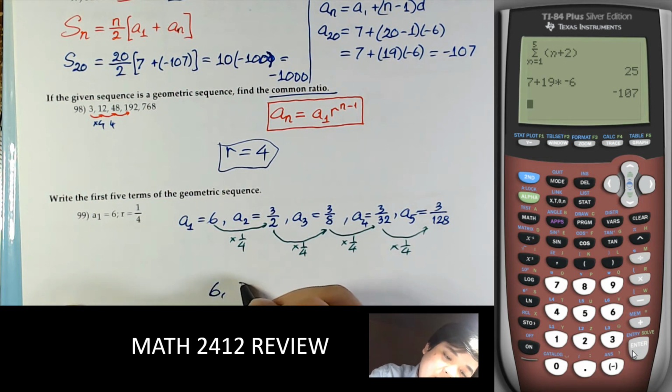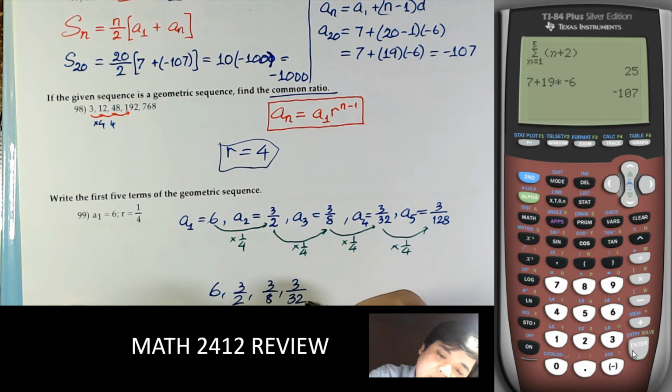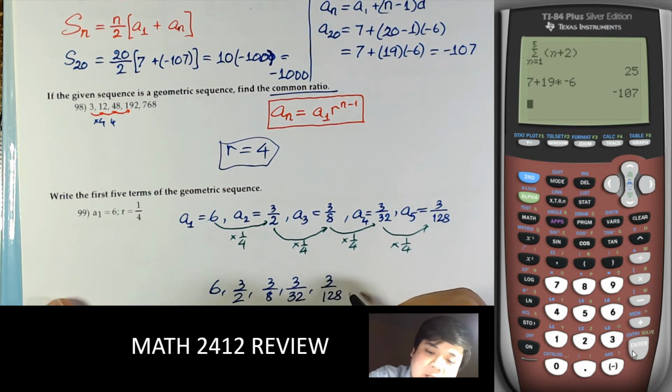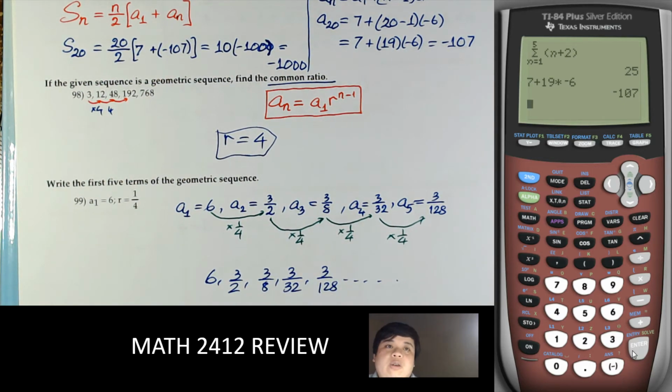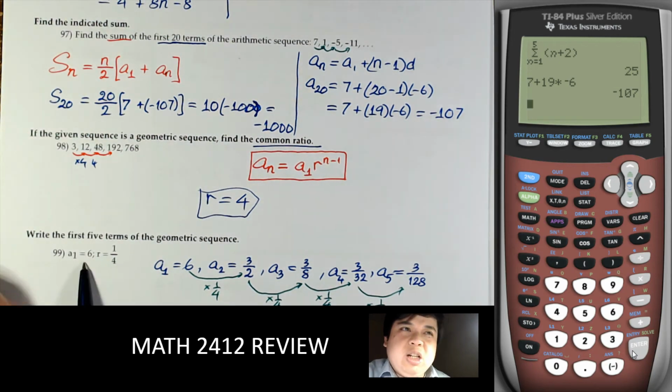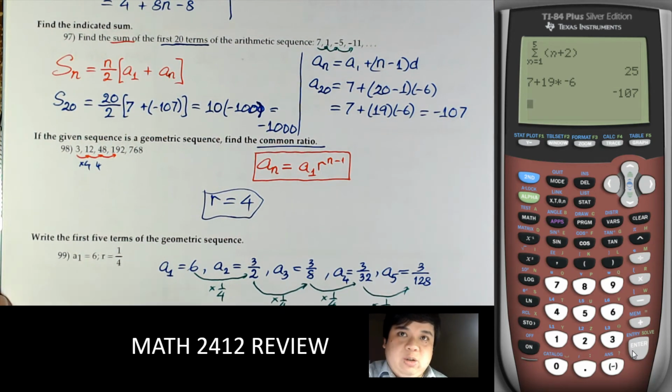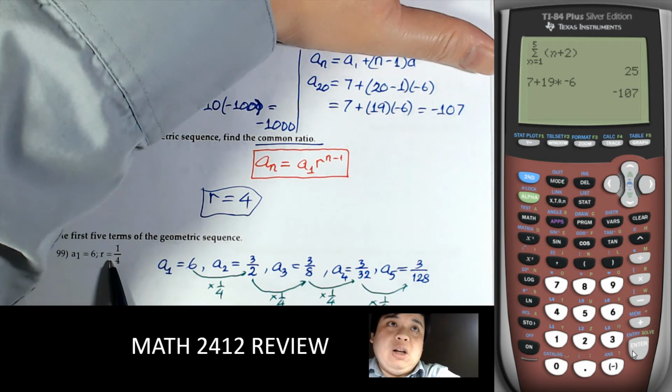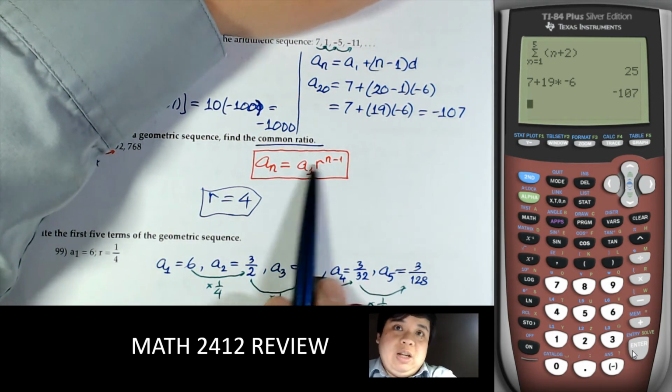So we have 6, 3 over 2, 3 over 8, 3 over 32, and 3 over 128. Those are the first 5 terms of that geometric sequence. We just need to know the first one, and then we get to the next one by multiplying by the common ratio. So we haven't used this one yet.